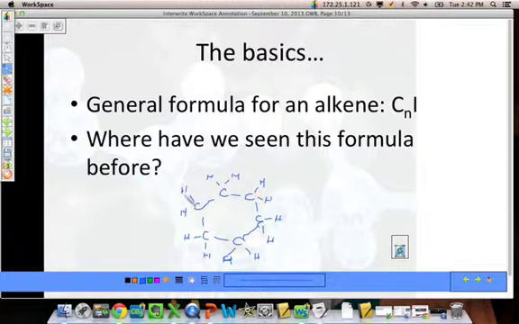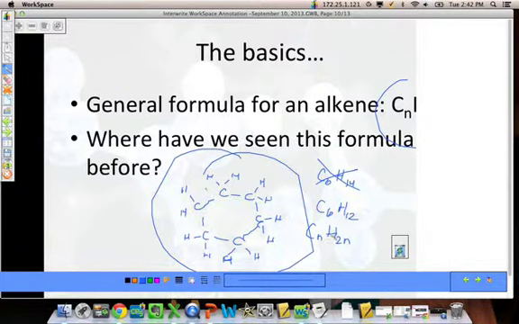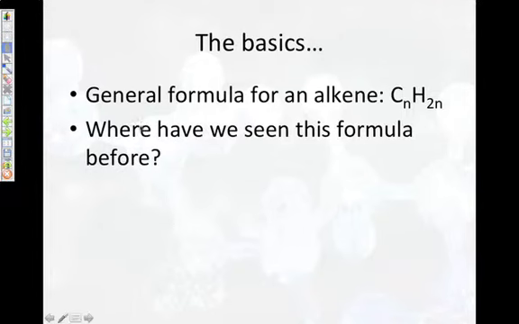We find that even though it's an alkane, because it's all singly bonded, I don't have C6H14 like we would expect for an alkane. That's a no. What we do have is C6H12. So that's like the formula that we have up here, CnH2n. So when I had a cyclical alkane, I had that formula as opposed to the general alkane formula. So that's where we've seen that before.